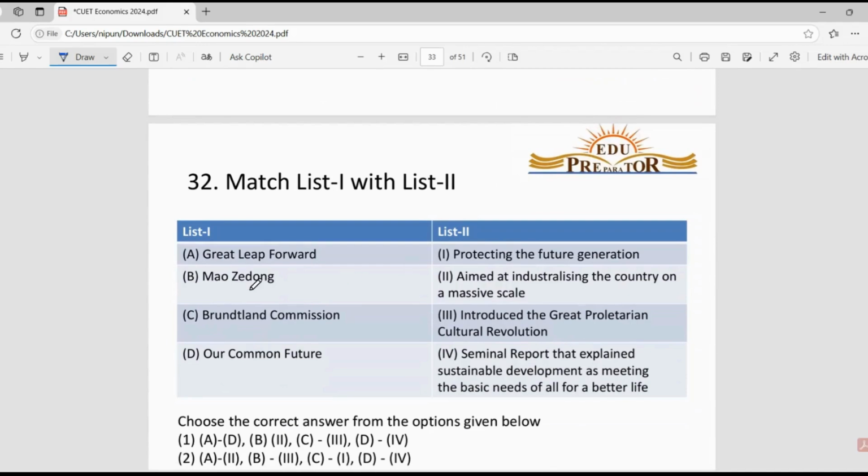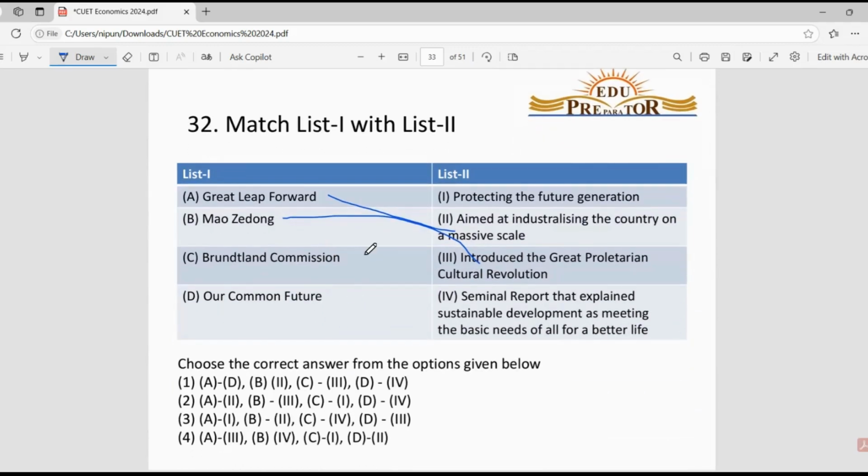चलिए अगला क्वेश्चन यही आ गया है. Great Leap Forward campaign, Mao Zedong, Brundtland and Our Common Future. Great Leap Forward campaign, as I told, the objective was to industrialize the Chinese economy at a massive scale. Mao Zedong was the one who introduced great proletarian cultural revolution in the country. Brundtland Commission was basically formed for protecting the future generation, and Our Common Future is the seminal report that explains sustainable development.